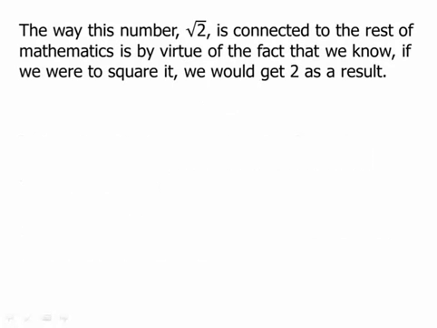The way that this number is connected to the rest of mathematics is by virtue of the fact that if we were to square it, we would get 2 as a result. That is the definition of the number. By definition, it is the number which, when squared, gives 2.